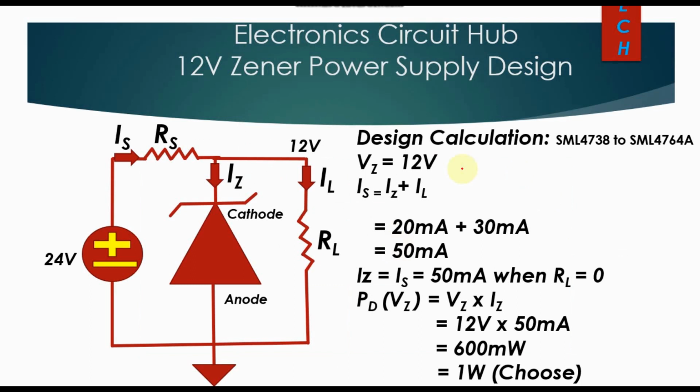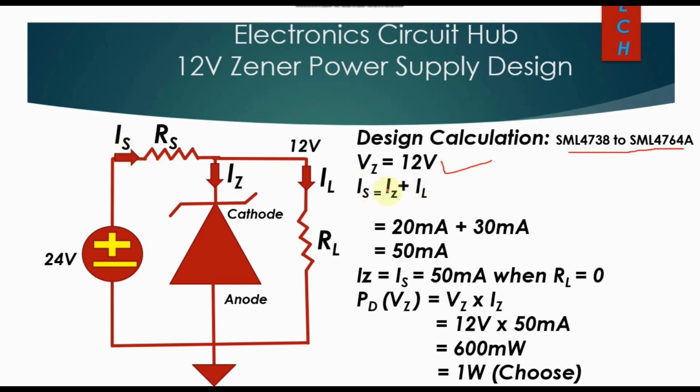I have chosen the 1N4738 to 1N4764 series Zener diode for my design calculation. Since you need 12 volt output, you want to have a 12 volt Zener diode. Okay, so now this is your supply voltage, input supply voltage.